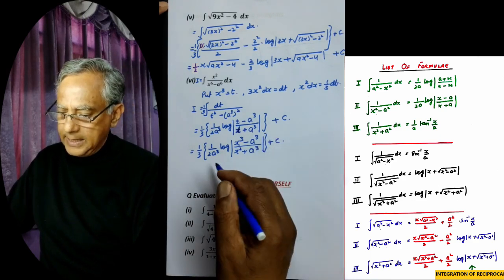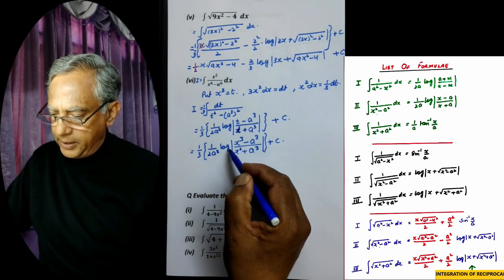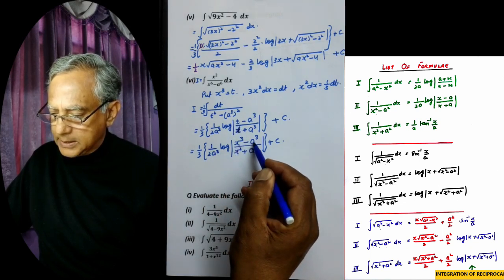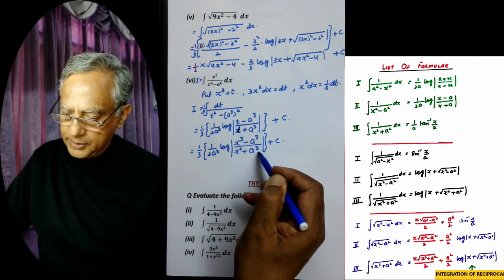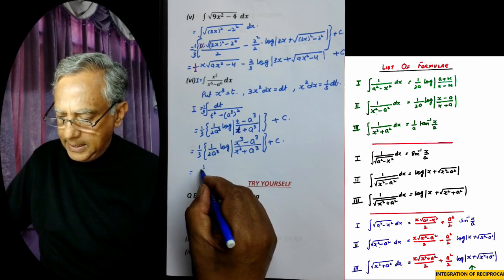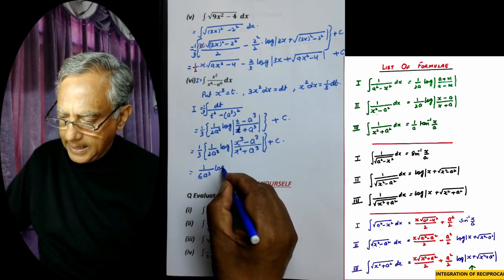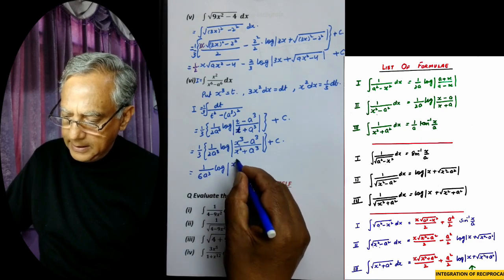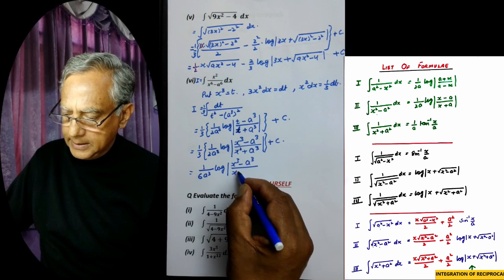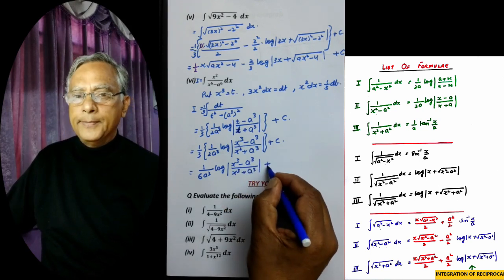So answer is 1 by 6a cube log of x cube minus a cube over x cube plus a cube plus c.